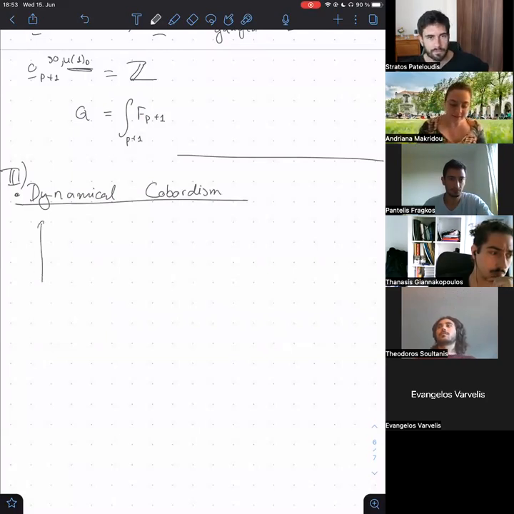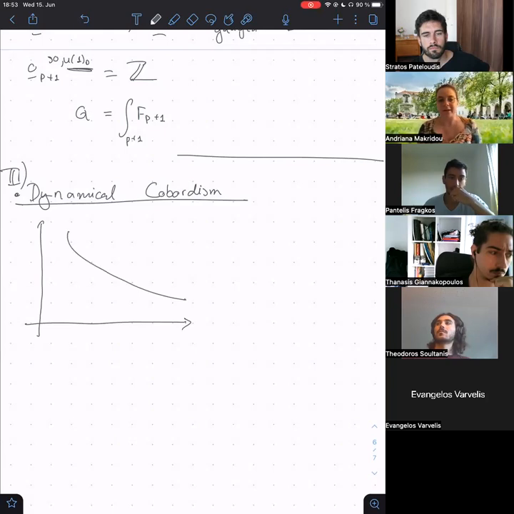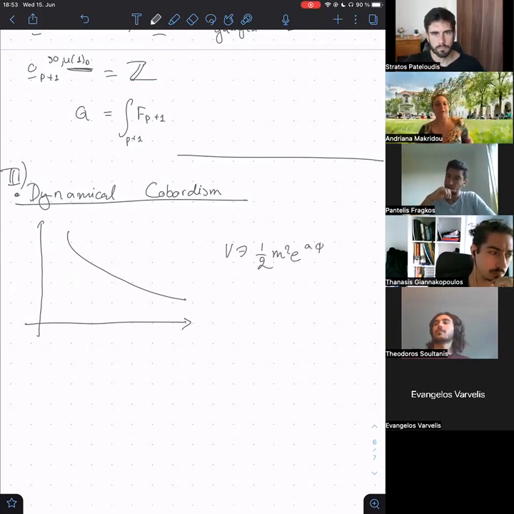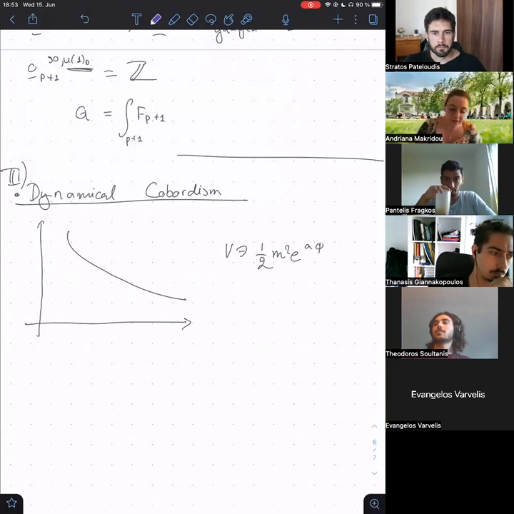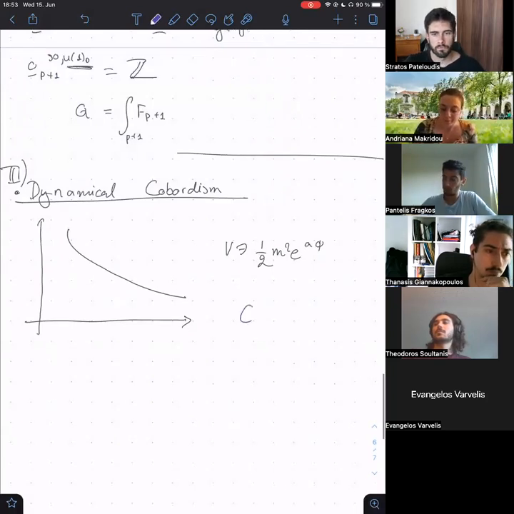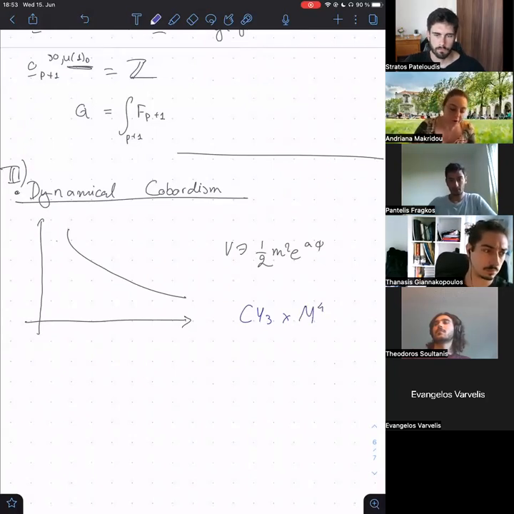So the idea is that in many frameworks where you don't have supersymmetry, you have potentials that look like this. So there is some kind of exponential contribution to the scalar potential. Whatever, I will write down a specific action later. Usually you do some compactification and you want to be at Calabi-Yau 3 times Minkowski 4, and you expect to find some kind of potential like this.